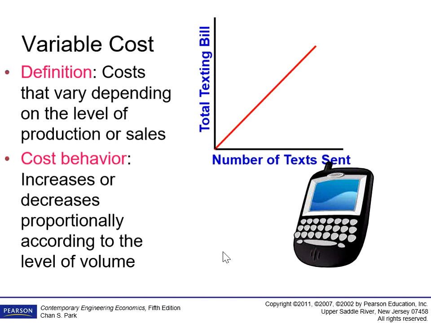Let me explain. Let's say the direct material cost per unit. Let's say the cost of the material used in this phone is 20.